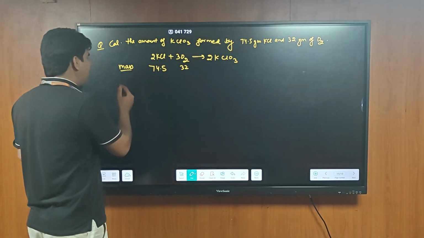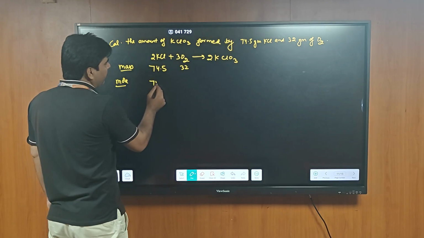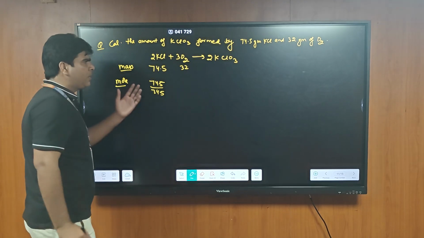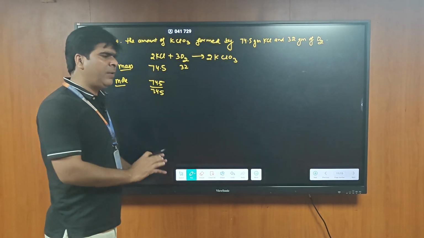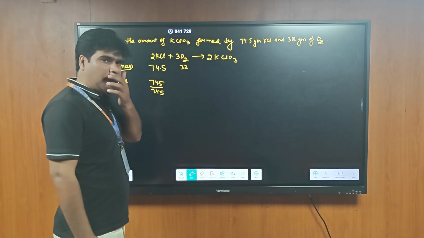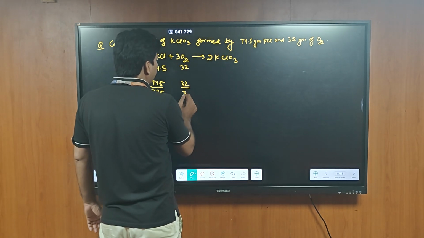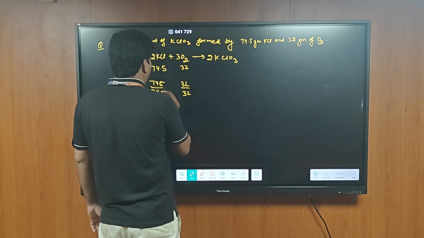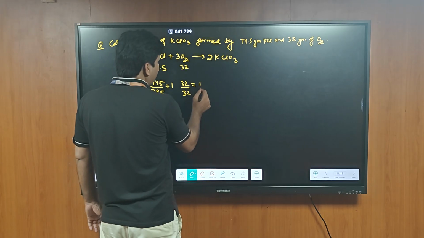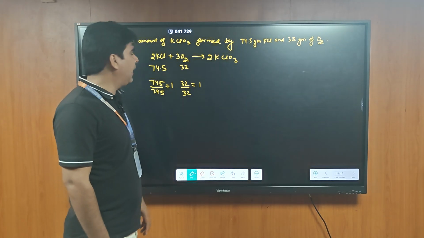Now the second step is we'll calculate moles. Moles of KCl will be 74.5 divided by 74.5, as the molecular mass of KCl is 74.5, which we know how to calculate earlier. And moles of O2 will be 32 divided by 32. This will be 1 and this will also be 1. Now at this instant we cannot determine the LR.